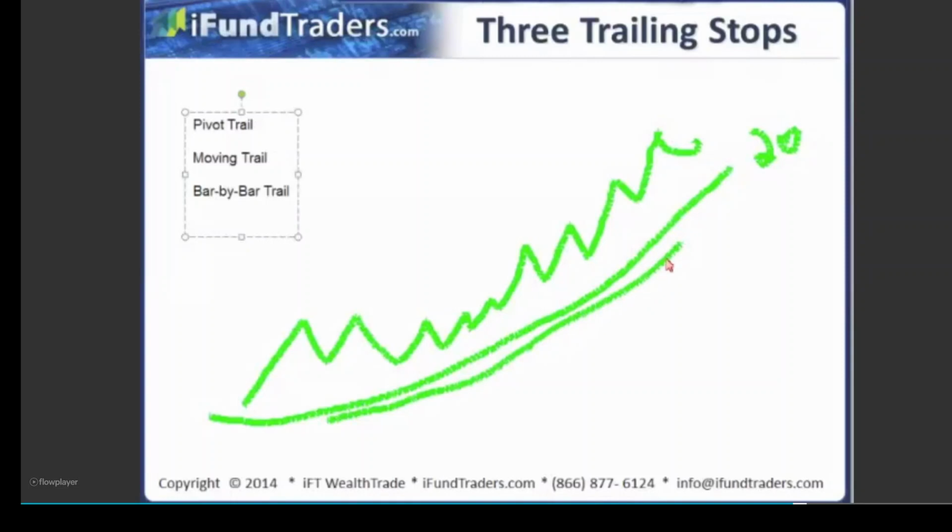The two typical trailing moving averages that I teach are the 8 period for really tight, powerful trends, and the 20 period moving average for normal trends. You have both real tight and powerful, 8, and normal uptrends, 20. And this is where you just stay just a little bit below the 20. So it's constantly in motion, following your play along.